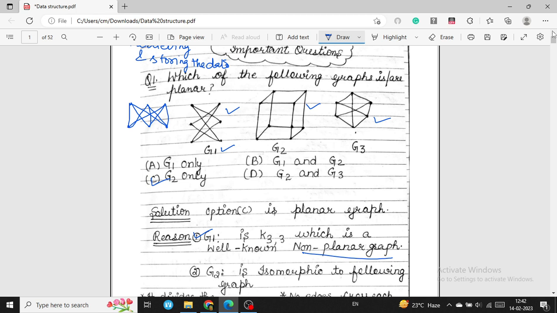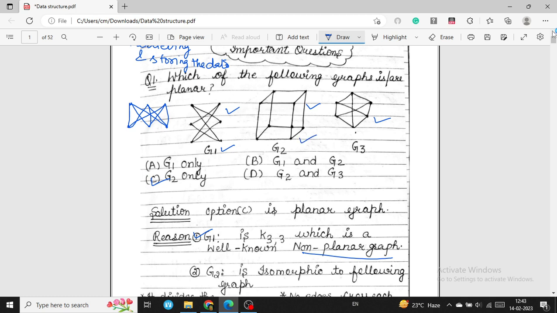You can see I can't draw such a graph in which edges do not cross each other. So that's why this is not a planar graph. So this is a non-planar graph.